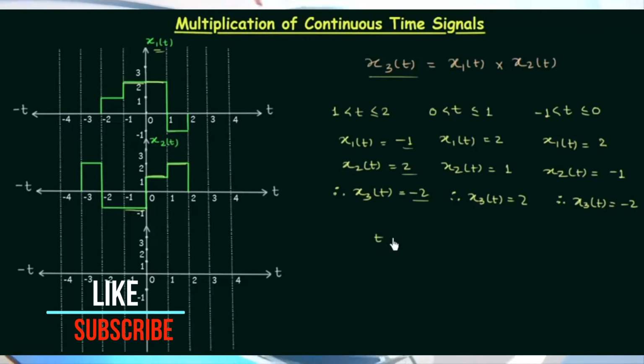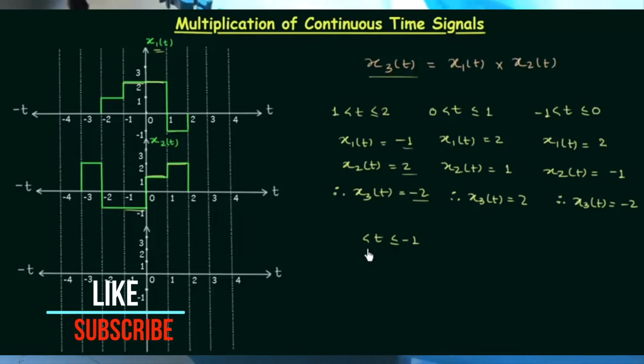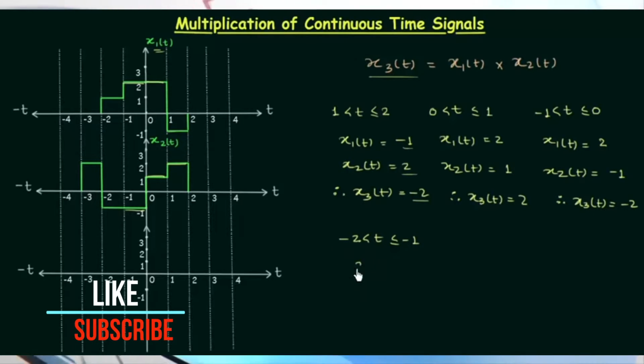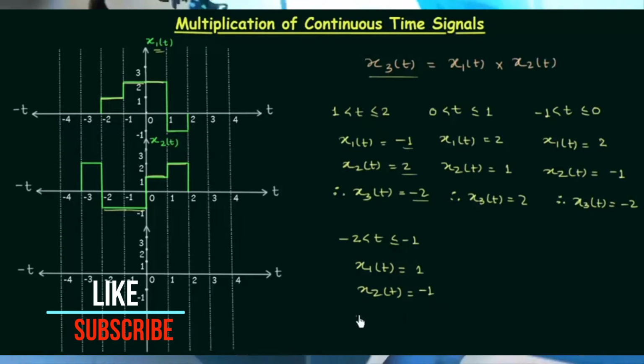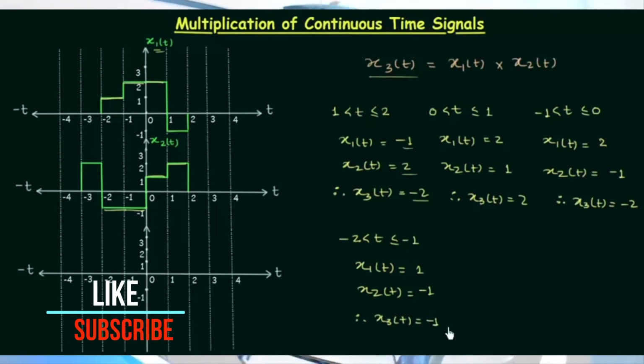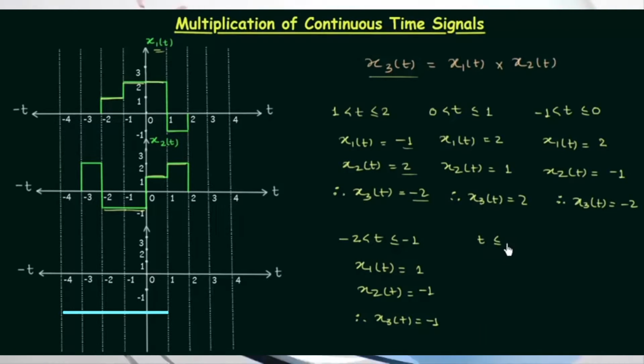When time is less than or equal to -1 but greater than -2, signal x1(t) is equal to 1 and signal x2(t) is equal to -1. Therefore, the resultant signal is equal to -1.